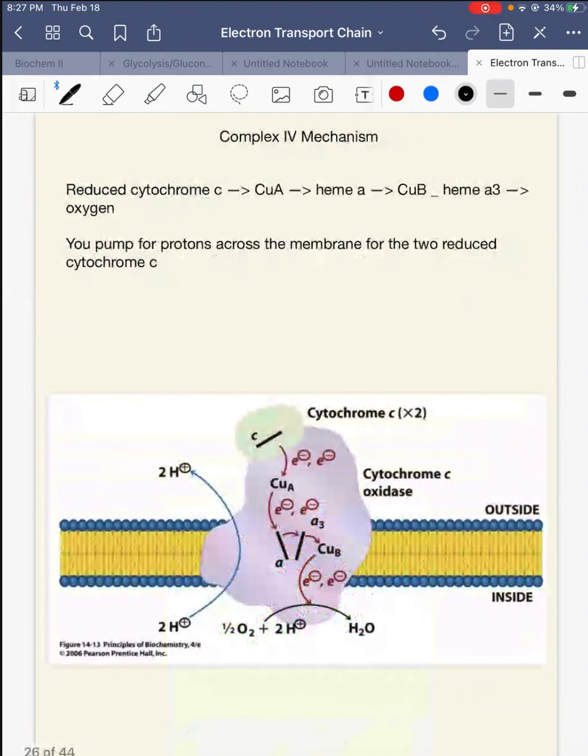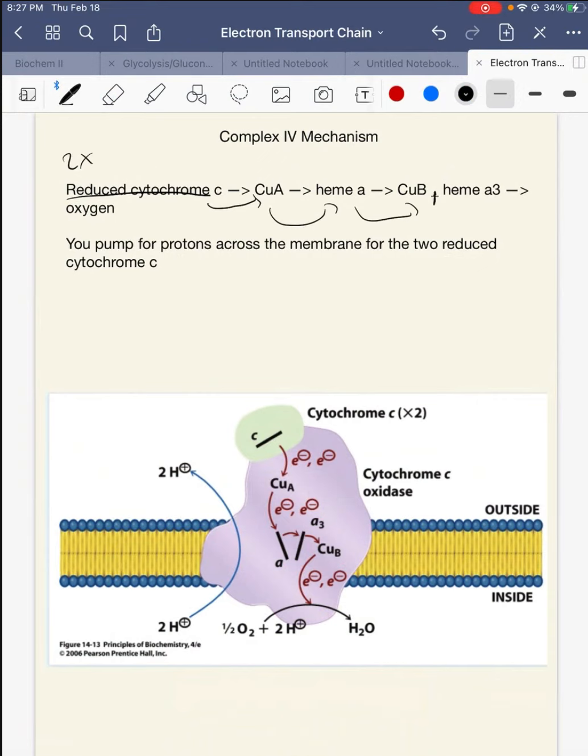Okay, so let's look at the mechanism of complex 4. We have a reduced cytochrome C, and we have 2 of these, because remember, when we do the Q cycle, we can only give 1 electron at a time to cytochrome C. Those cytochrome Cs give it to the protein CuA, and then CuA gives it to heme A, and then heme A gives it to CuB, and then heme A3, and when you do that, you pump 2 protons across the membrane.